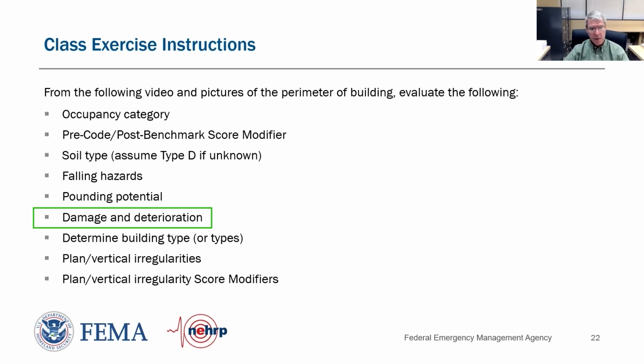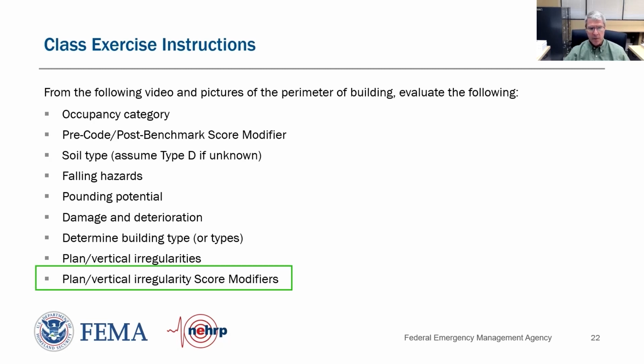Then we're going to hopefully narrow in and determine our building type or types. As you walk around, also look for plan and vertical irregularities. Once we understand those, we're going to select our score modifiers, and from there, we should be able to calculate our final Level 1 score.